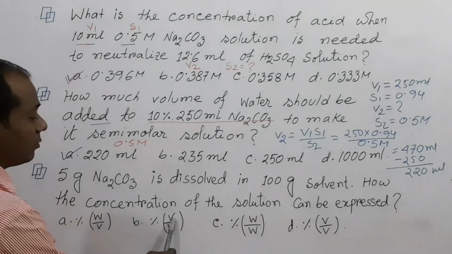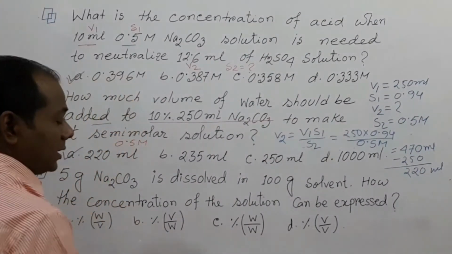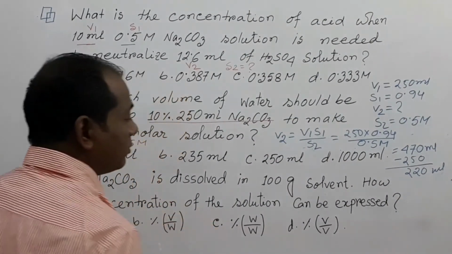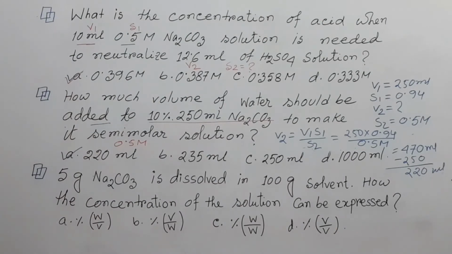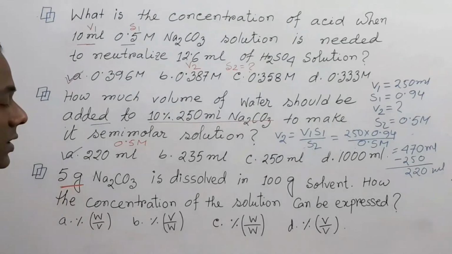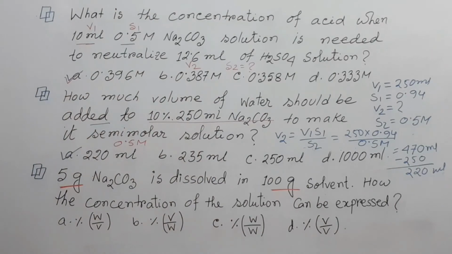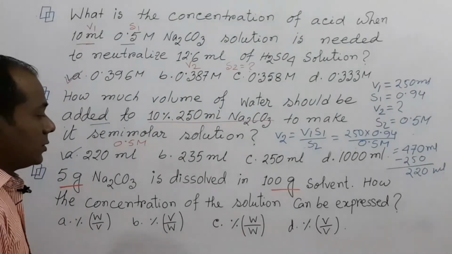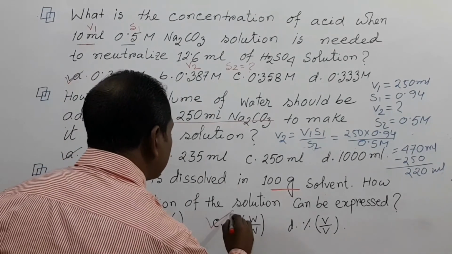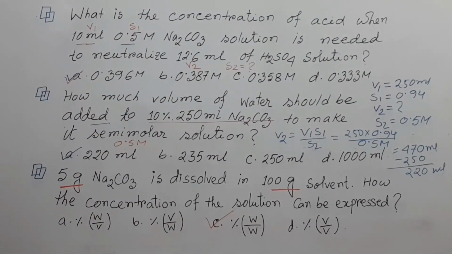Option B, volume by weight. Option C, weight by weight. And option D, volume divided by volume. Here we see that sodium carbonate is 5 gram and the solvent is 100 gram. So option C is the correct answer, W by W.